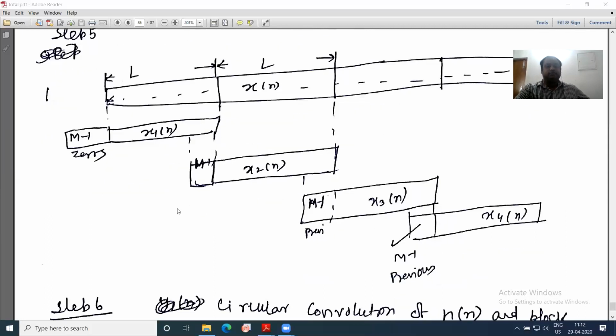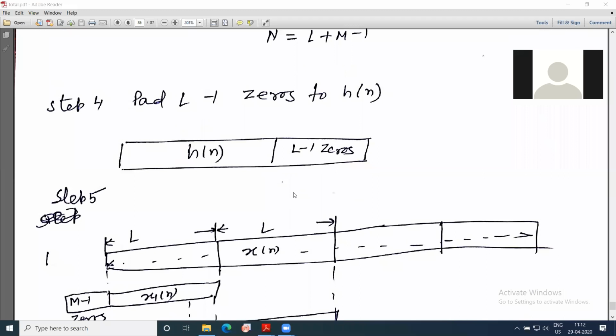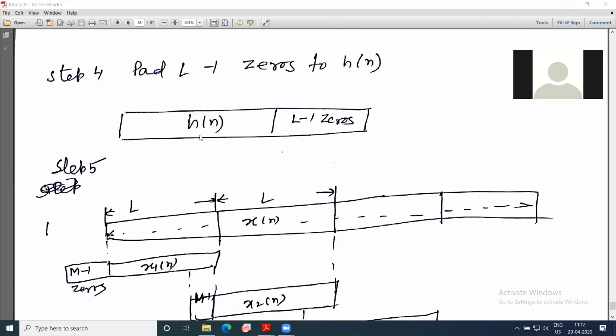Okay. Now, after doing this, what do I have to find? I have to find the convolution of x1(n) with h(n), and in h(n) I have added L-1 number of zeros. So this is the new h(n) with L-1 number of zeros.